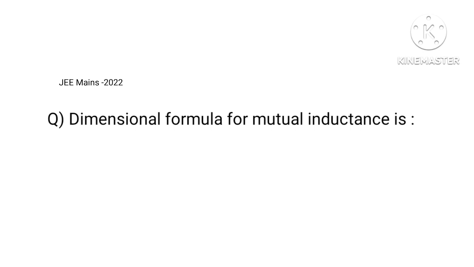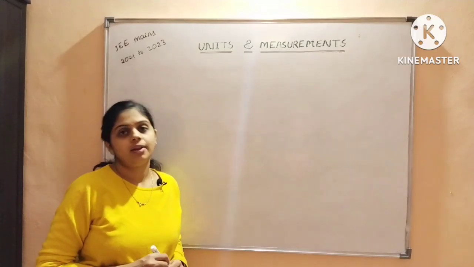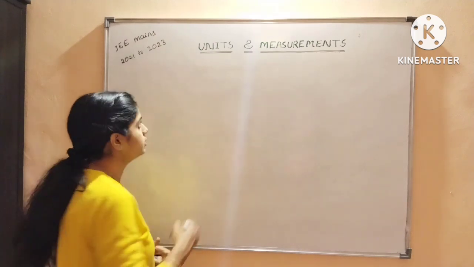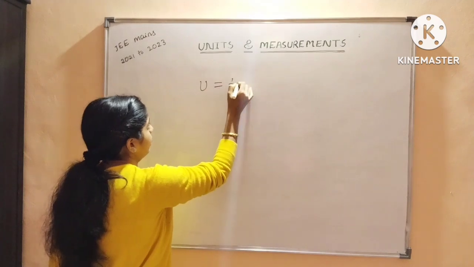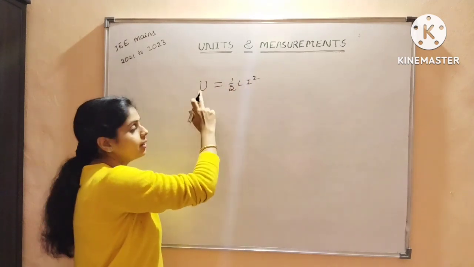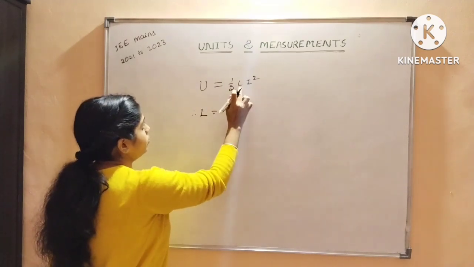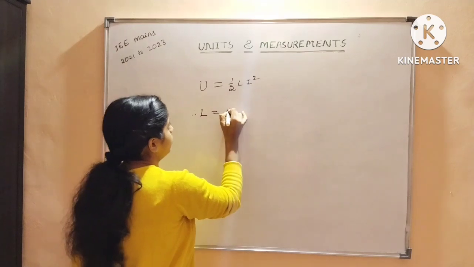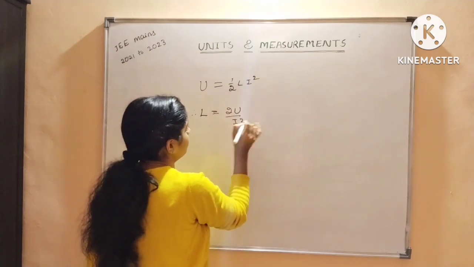We have to find the dimensions of mutual inductance. Here we know one expression related to inductance, that is energy stored in the inductor is equal to half L I square, where L is inductance, I is current, and U is energy stored. Therefore L equals 2U by I square.